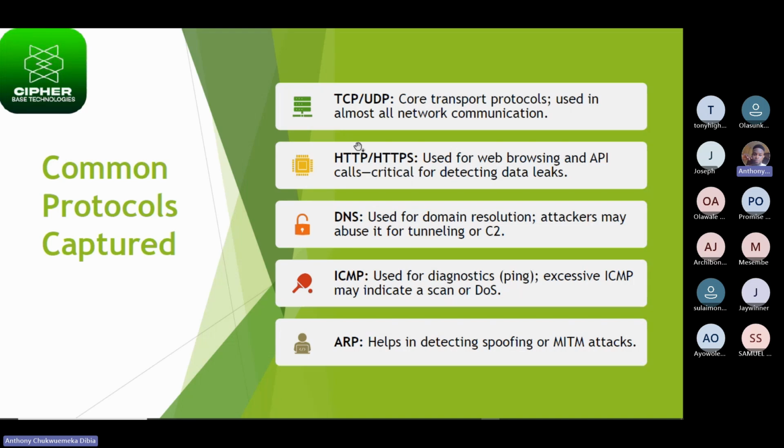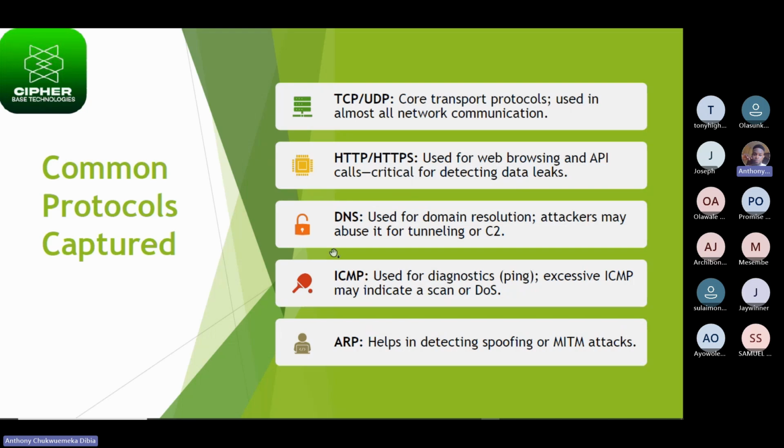But TCP will make sure that your message gets through. For instance, a WhatsApp message could use TCP, but when you start a WhatsApp video call, it might change to UDP. Then we have HTTP and HTTPS, used for web browsing and API calls, critical for detecting data leaks.